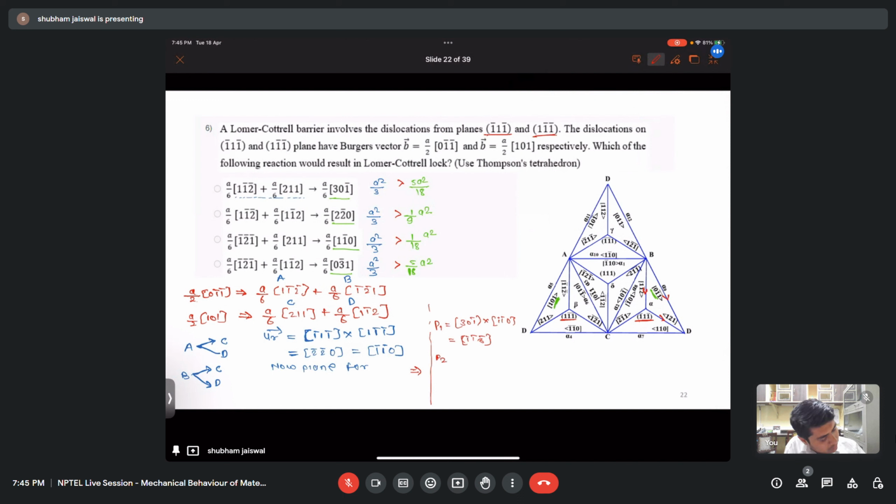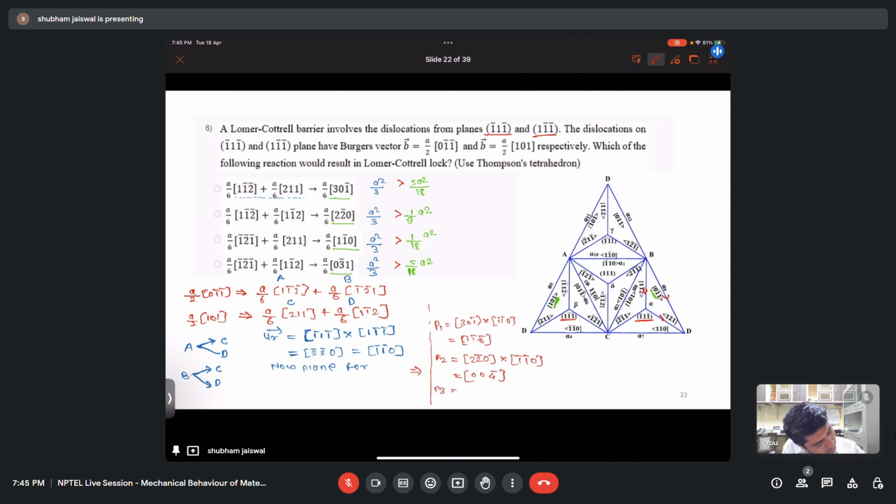Now for the second case, 2 bar 0 cross 1 bar 0, it comes out to be 0 0 4 bar.